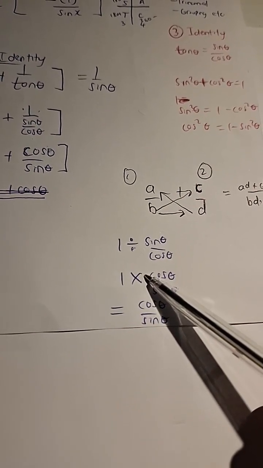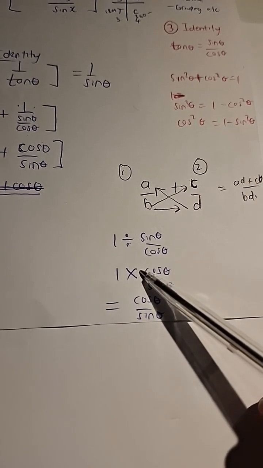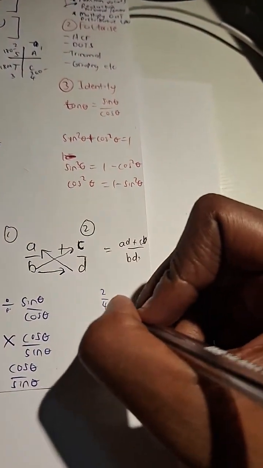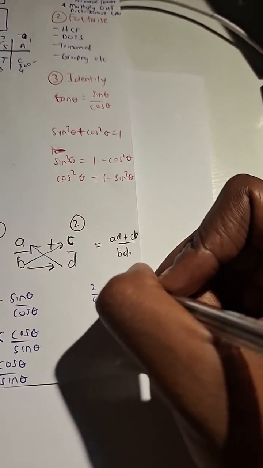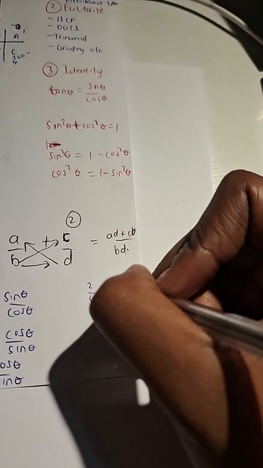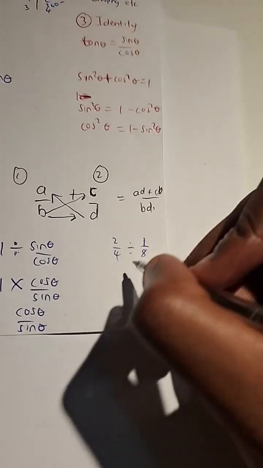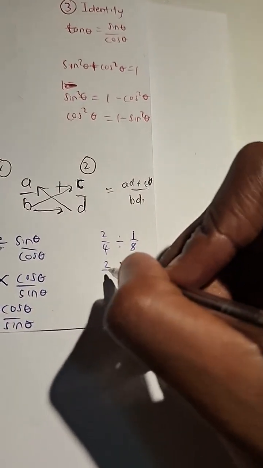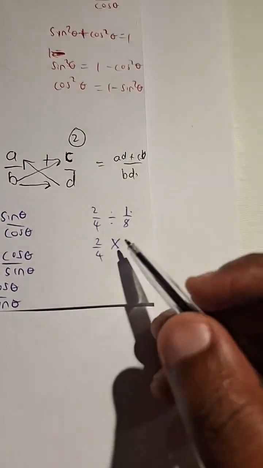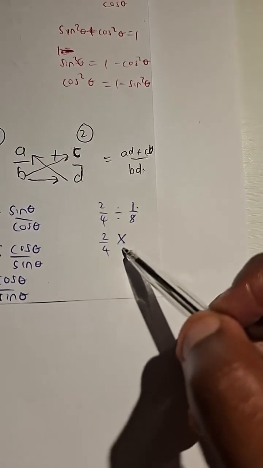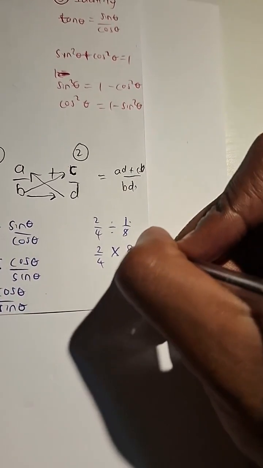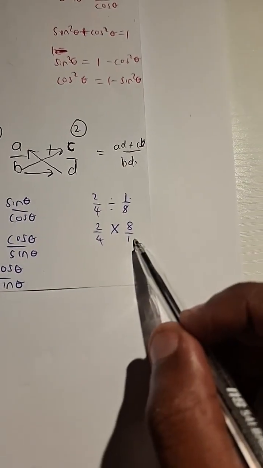The reason is that 1 divided by sine theta over cos theta, if you change the divide to multiply, works like when you were in grade 8 and 9 dividing two fractions, like 2 over 4 divided by 1 over 8. You would change the divide to multiply and invert the second fraction.